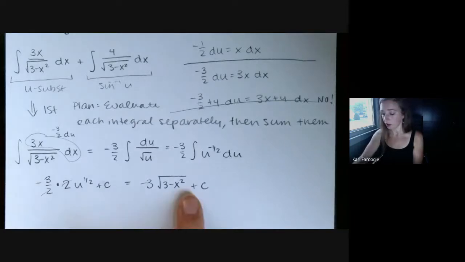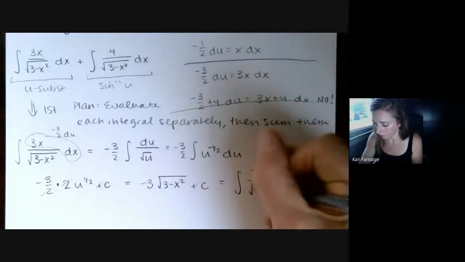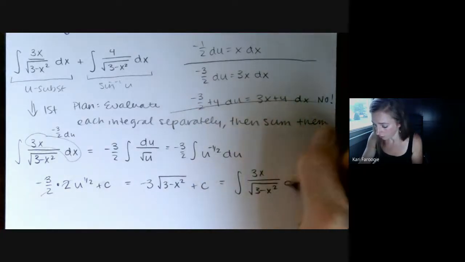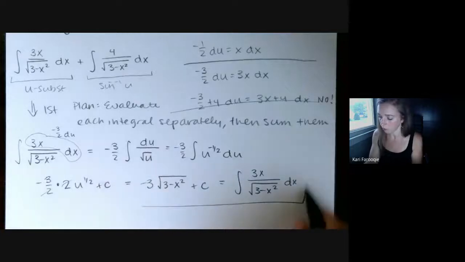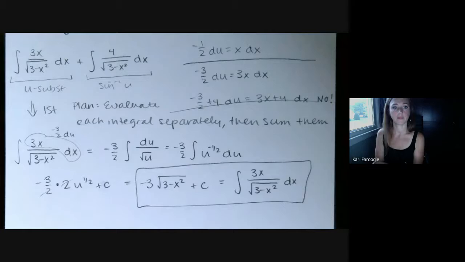Okay, so this is equal to our first integral. I'm just rewriting it here so it's very clear when we look for it later. But now we're going to integrate 4 divided by the square root of 3 minus x squared.